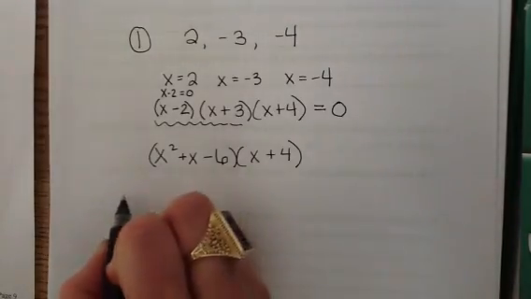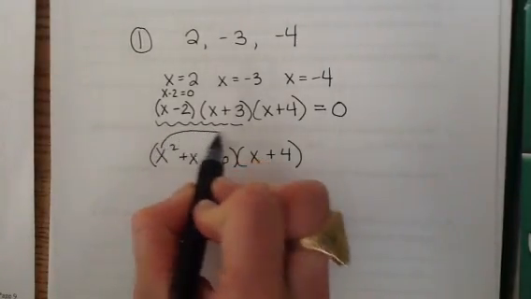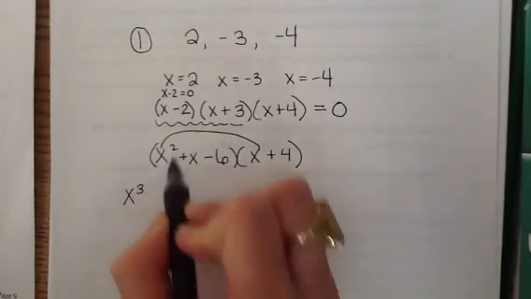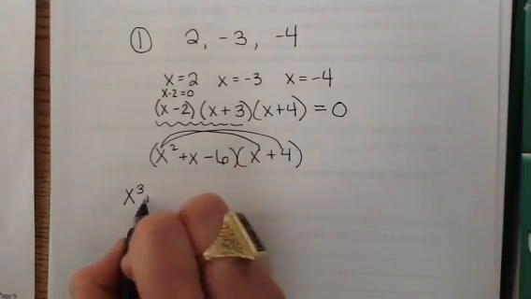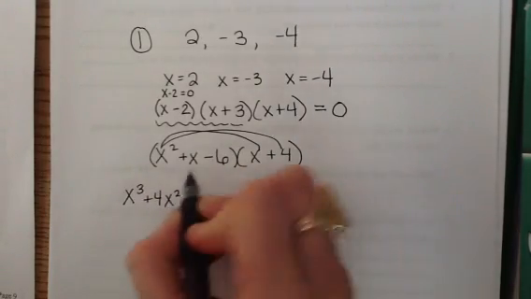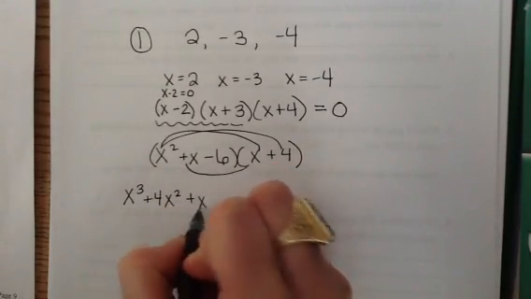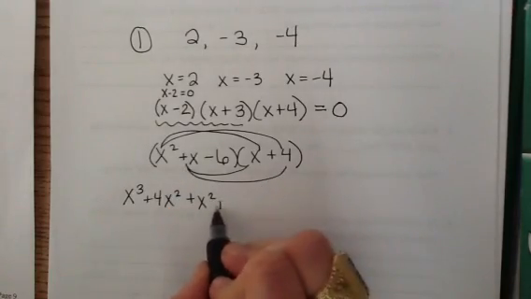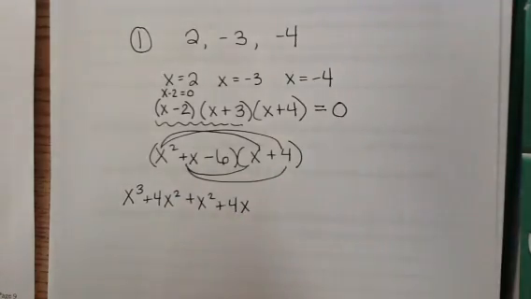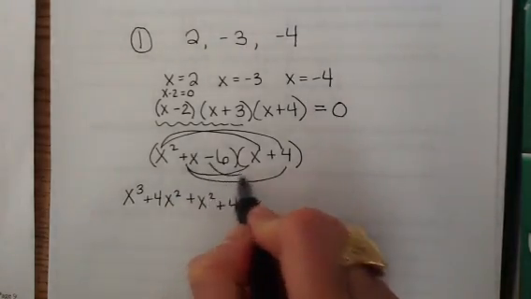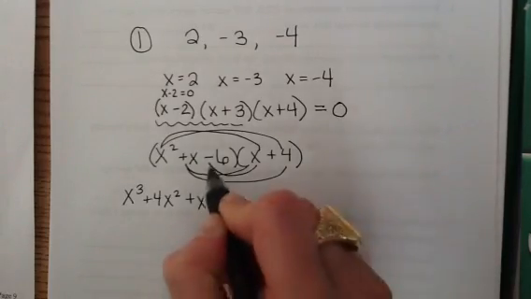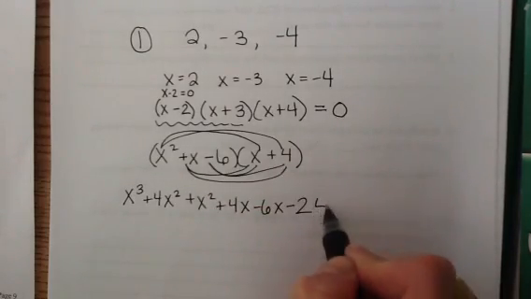We need to multiply them together. So I get x to the third plus 4x squared. X times x, x times 4. -6 times x, -6 times 4.